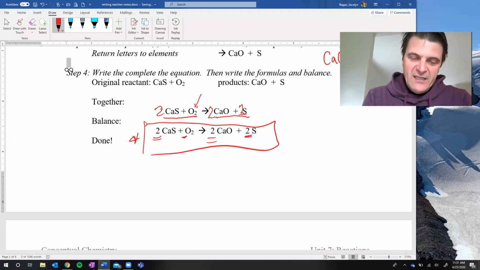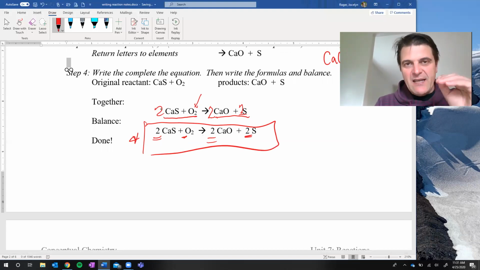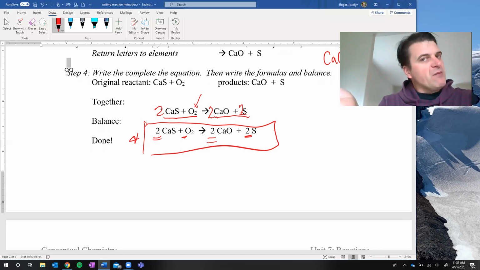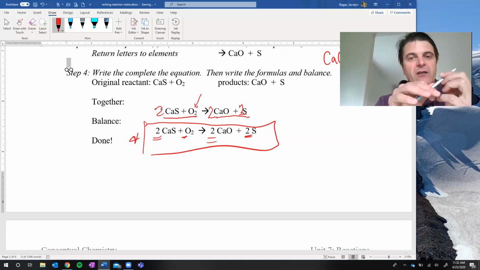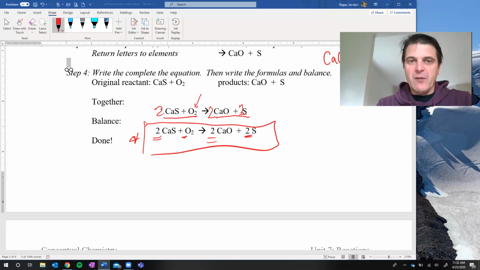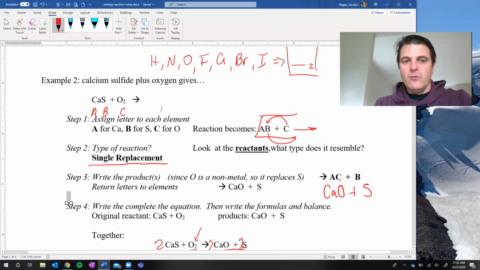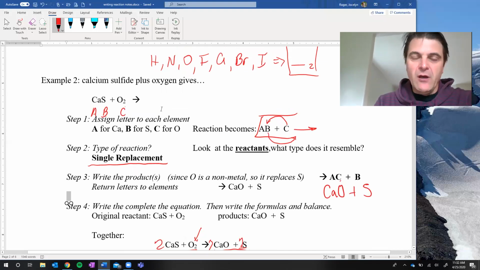So the best advice I can give you for this is to take it step by step. Don't try to do 2 steps at once. Don't try to do step 4 when you're doing step 3. Don't do any steps at the same time. Just take it step by step. Assign each element a letter. That's step 1.